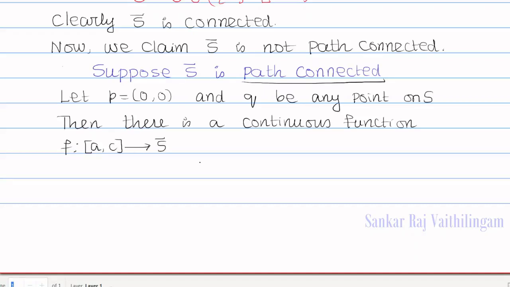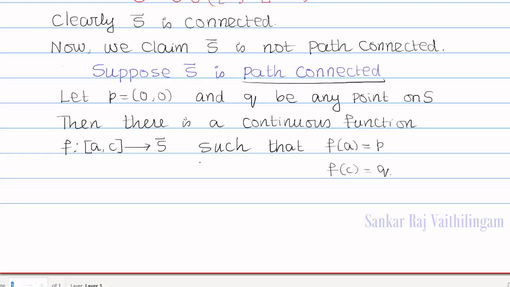Then there is a continuous function F from the closed interval a comma c to S closure such that F of A is equal to P, and F of C is equal to Q.